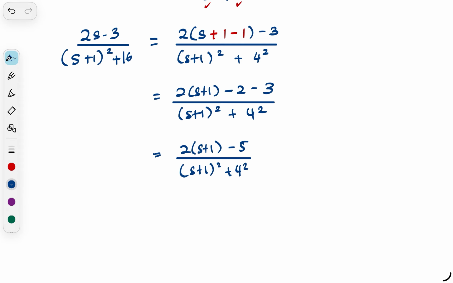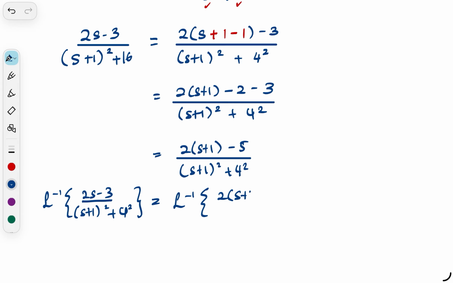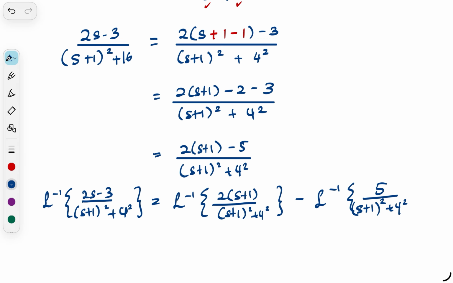So the inverse Laplace is given by this one, like this.